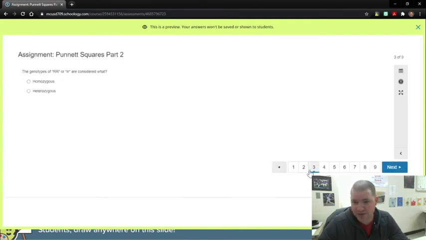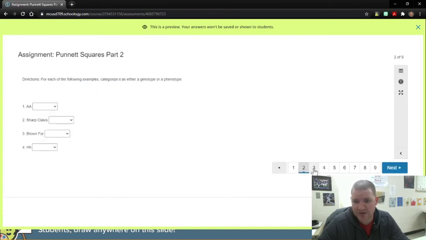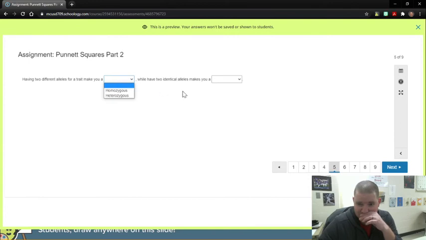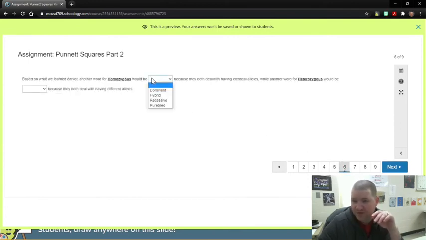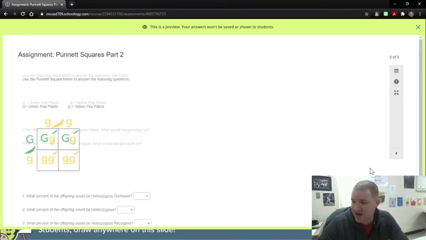It starts you off with our different vocabulary terminologies, saying whether these things are a genotype or a phenotype, what's homozygous, what's heterozygous, 2 different alleles, 2 similar alleles, using those old terms of hybrid and purebred with it, giving just what the parents mean, and you've got to give me the genotypes.